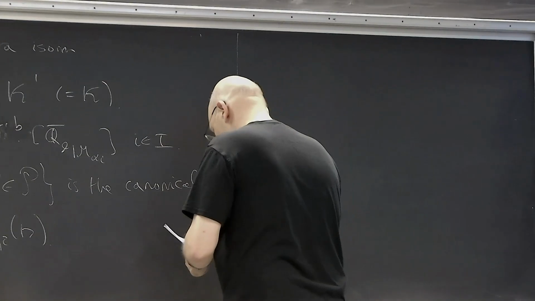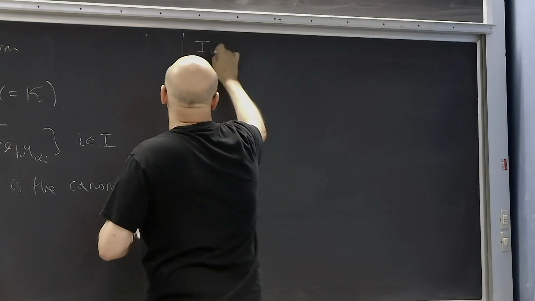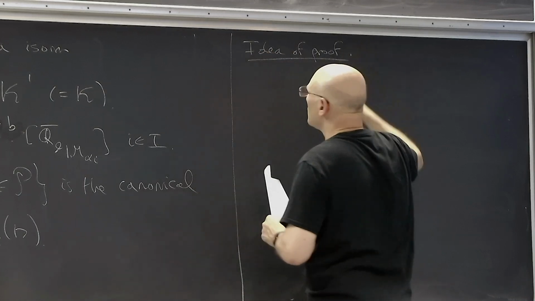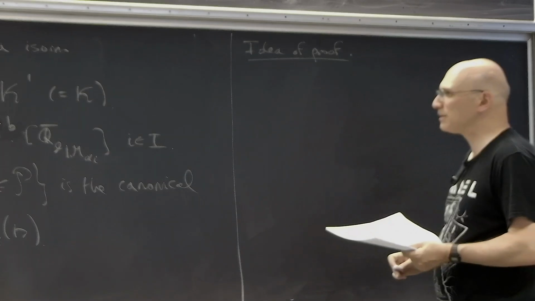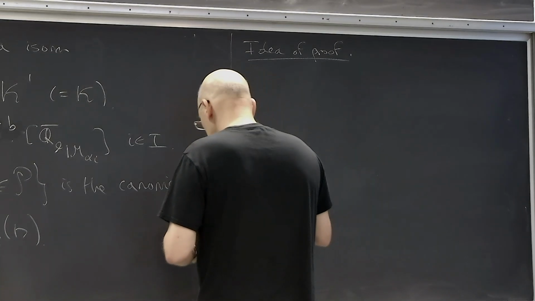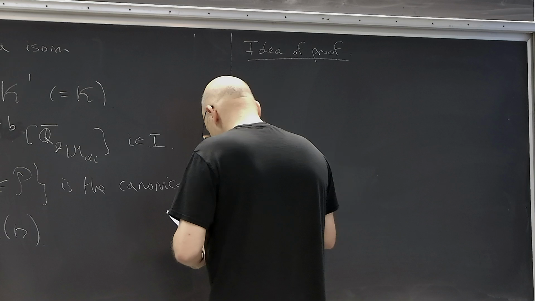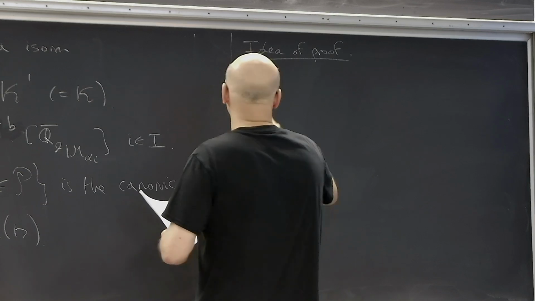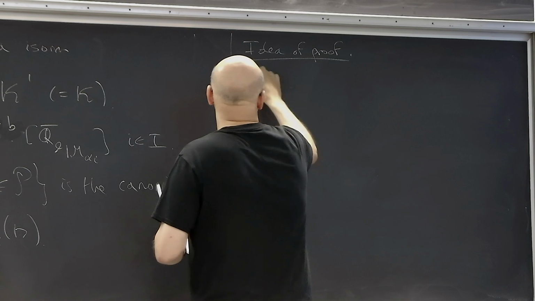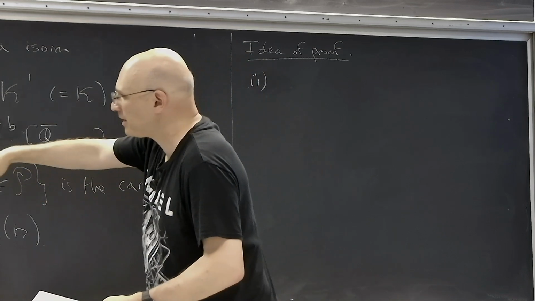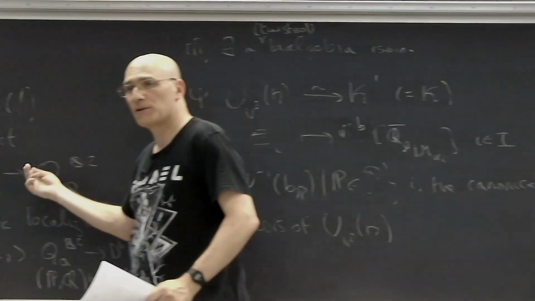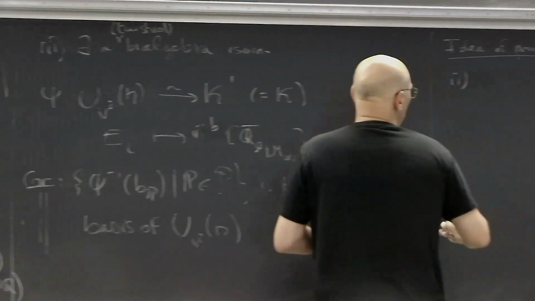Okay, so maybe idea of a proof. Very vague idea of a proof. So 3, so maybe 2. 2 is this coproduct. The fact that it preserves this category is not obvious. Okay.